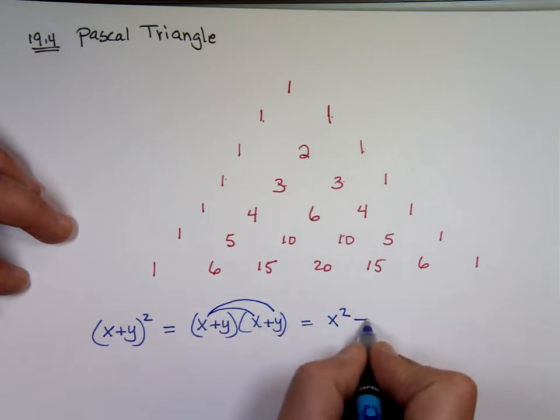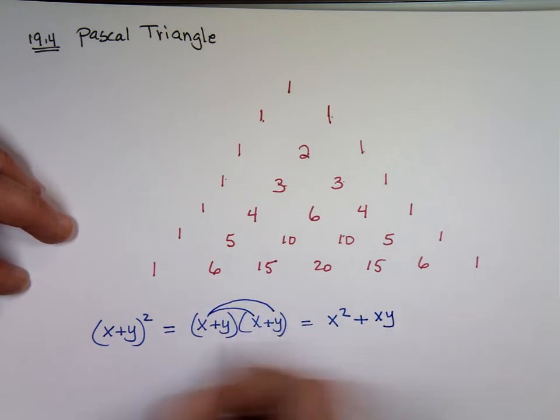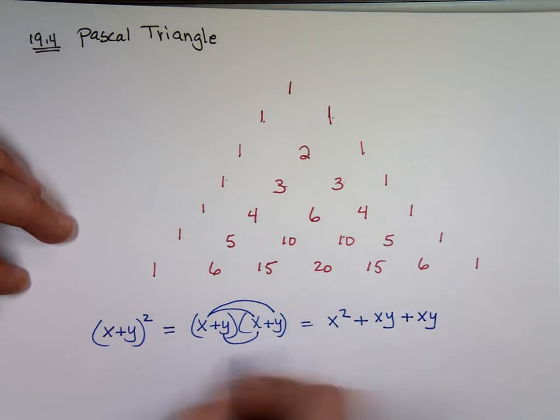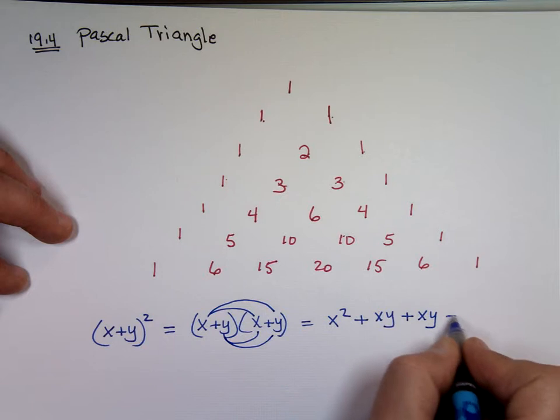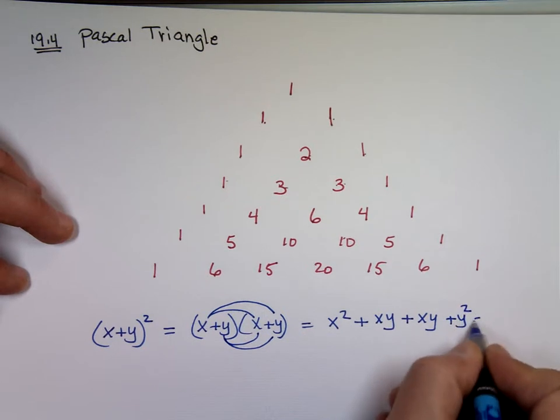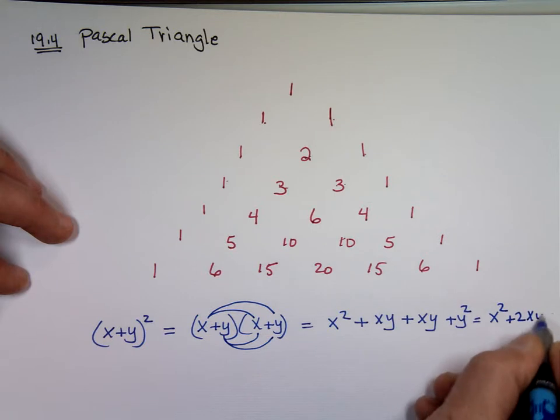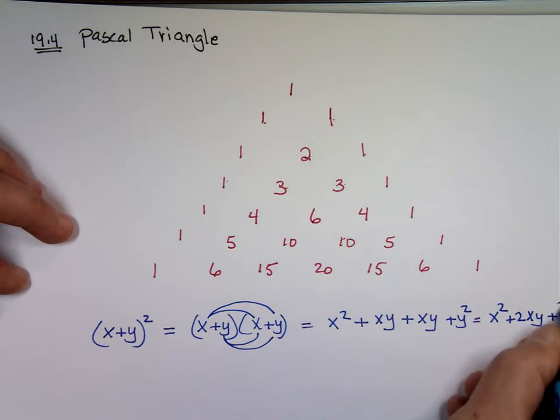What's x times y? xy. What's y times x? Another xy, or yx, doesn't really matter. y times y is y squared. That's x squared plus 2xy plus y squared.